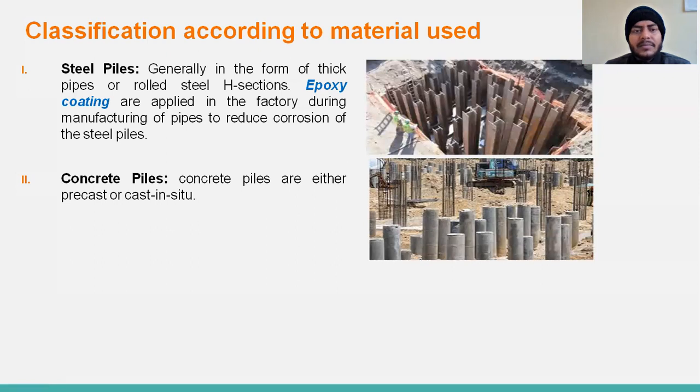We make the precast pile like that, and after the casting is complete, we drive it into the soil by applying some load using a jack or some machine. For cast in situ, we first make the hole and then fill.